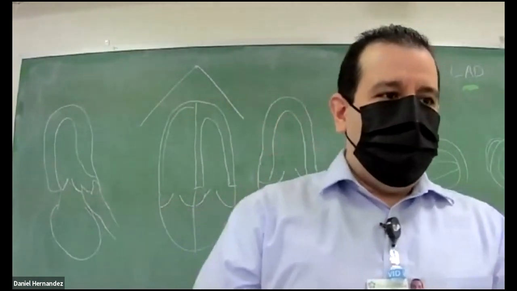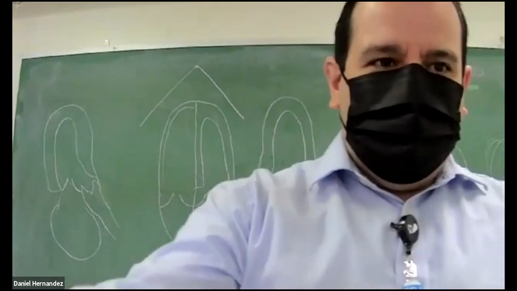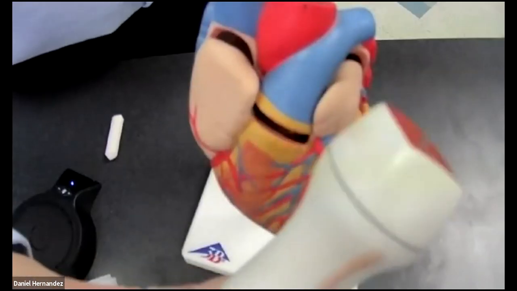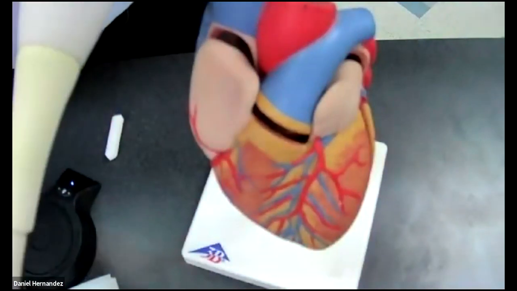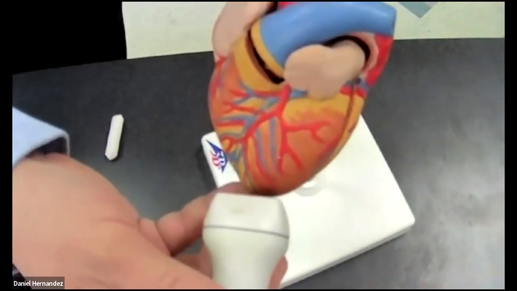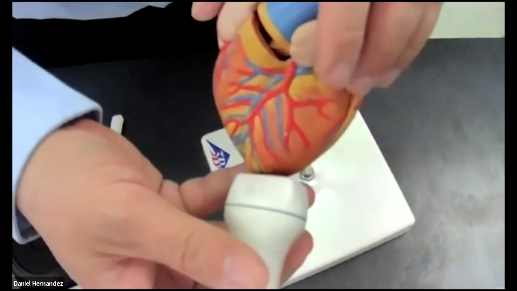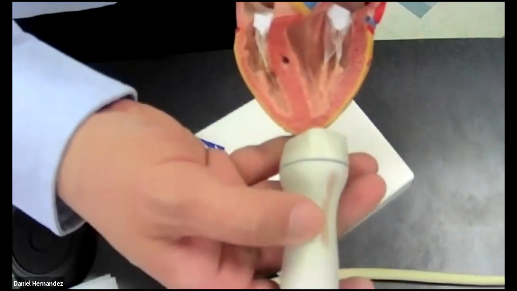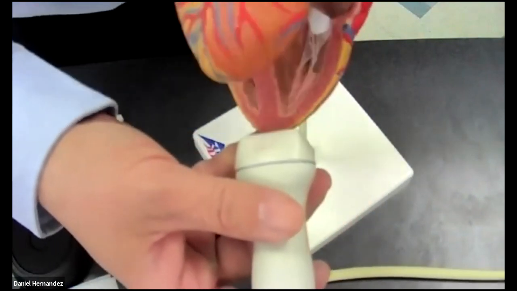So I actually was in here with this little model of the heart, and I took one of the probes off of our machines and was just doing the different orientations. I actually implore you guys to come in and do this to get a better appreciation of the walls and what you're actually scanning when you're in your different transducer positions.